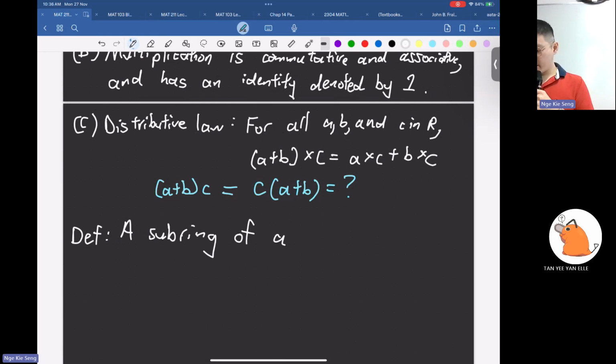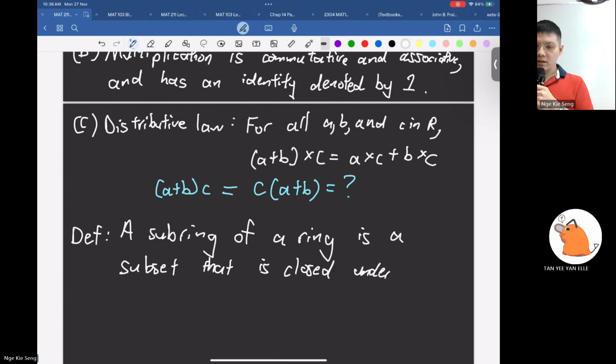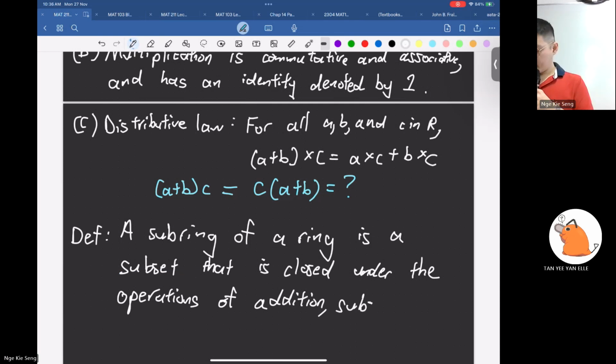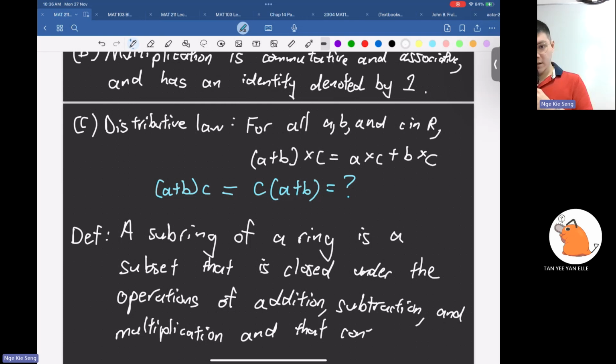A subring of a ring is a subset that is closed under the operations of addition, subtraction, and multiplication, and that contains the element 1.